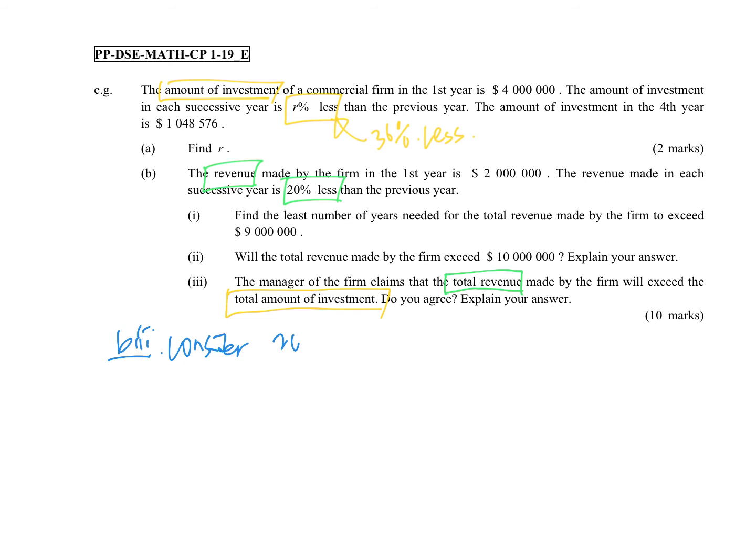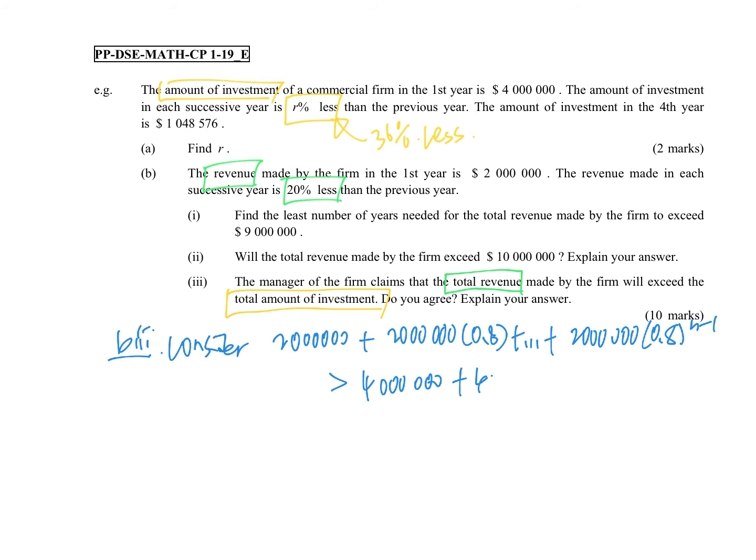That would be 2 million, the first term, plus 2 million times 0.8, and so on, up to the nth year, which is 2 million times 0.8 to the power of n minus 1, will be bigger than the investment: 4 million, plus 4 million times 0.64, plus dot dot dot.